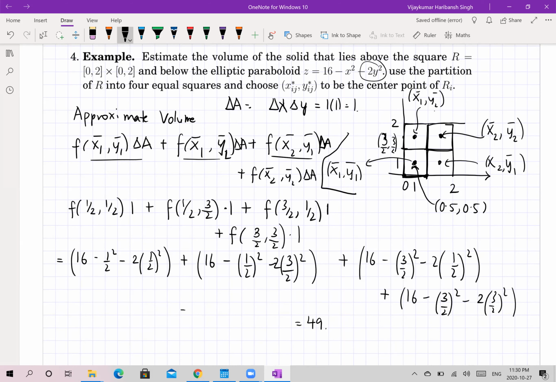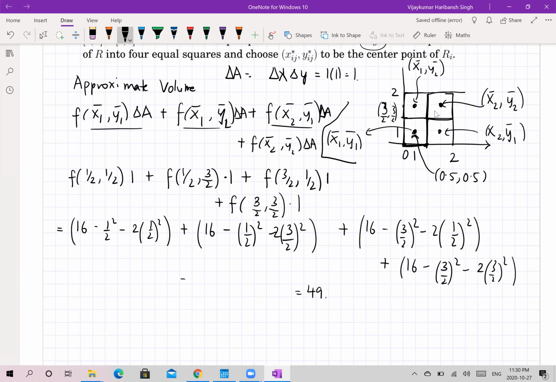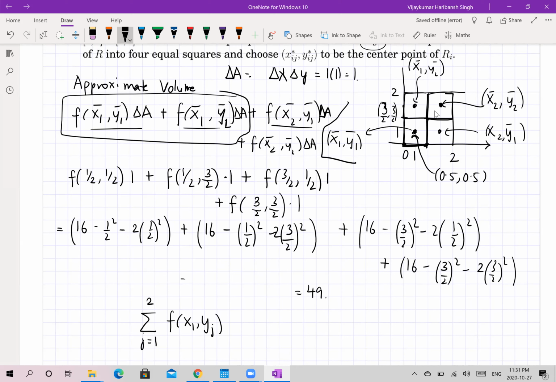But the key idea is, if you look at this expression, you are taking the summation j going from 1 to 2 of f of x1 yj delta a, and then you are summing f of x2 yj delta a, summation again j going from 1 to 2.